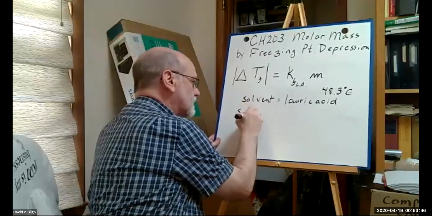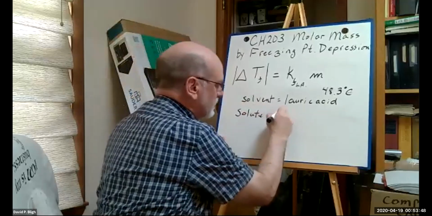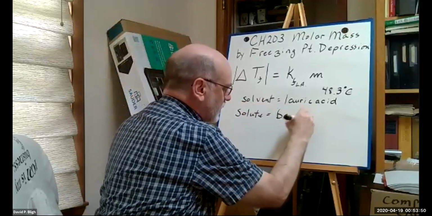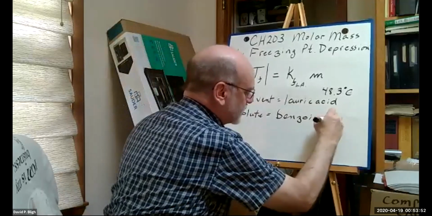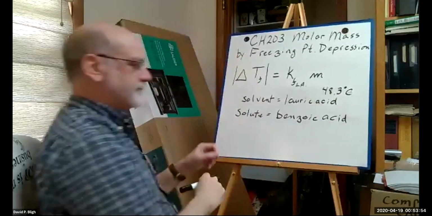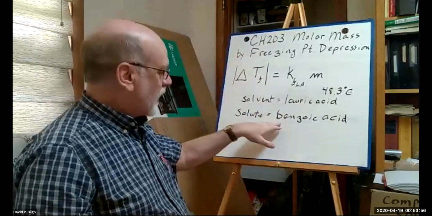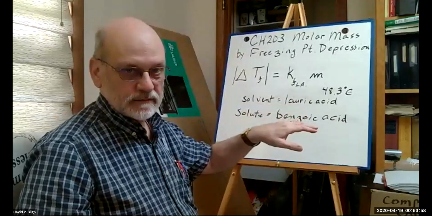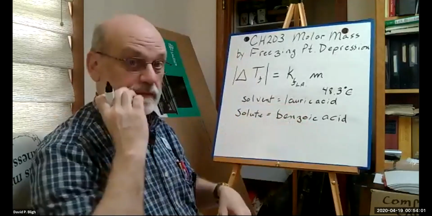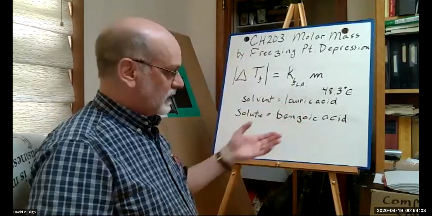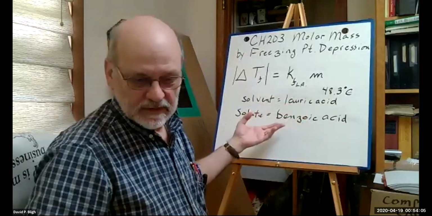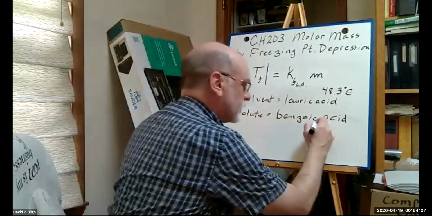So the solute equals benzoic acid. It's soluble in lauric acid at virtually any temperature. But its melting point is 122 degrees.